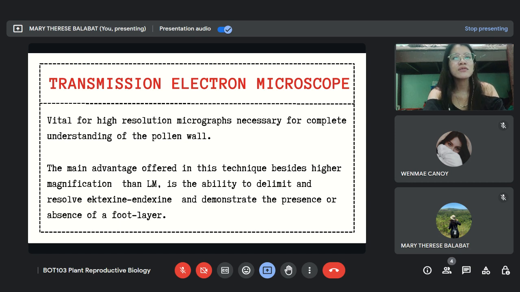So also, these measurements of the different wall layers may be carried out much more accurately with the transmission electron micrographs in the case of small grains with thin exines, and in some cases both cross and tangential sections are necessary to elucidate the nature of the pollen wall.